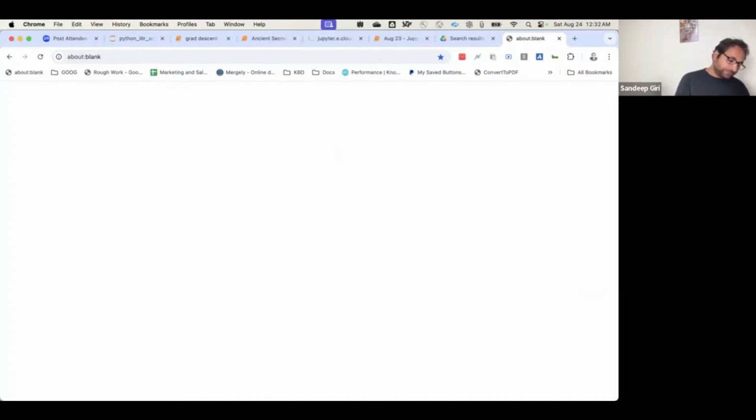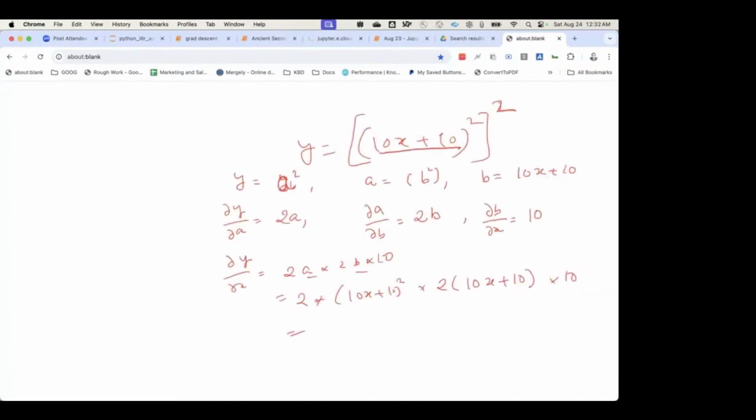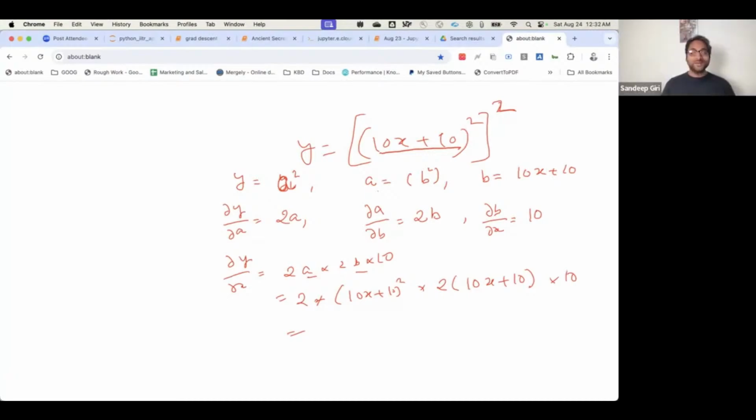Everybody okay? So the last question that we solved, 10x square one, do we really need a chain rule for that? Because 10 would be treated as a constant and we would be only differentiating x square, right? So it should be 20x. No. So 10, if it was outside, then it's okay. Like here, it's okay to delete 10, right?